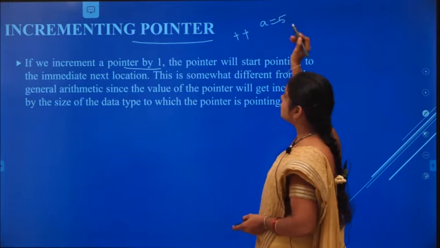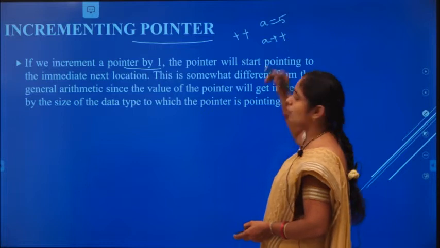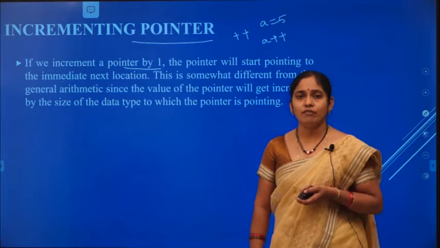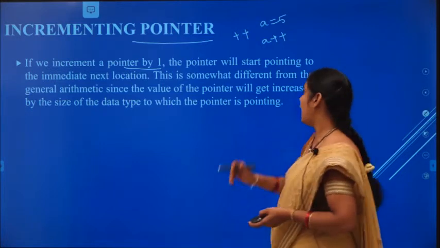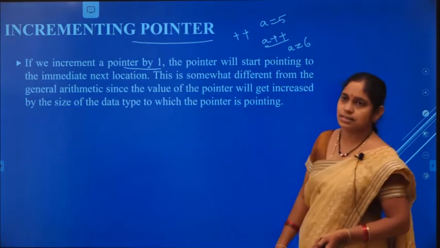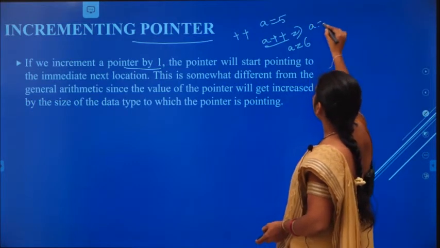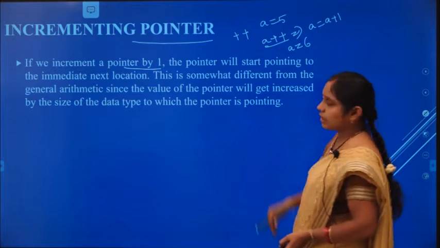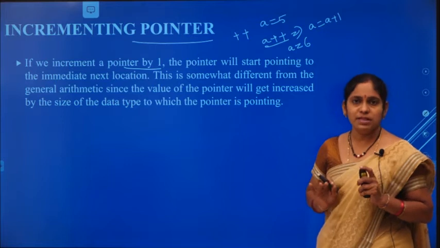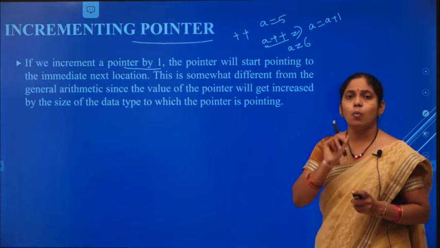Assume the value of A is 5 and I perform an increment operation on A. Then the value of A will be incremented by 1 and it becomes 6, which equals A = A + 1. So an increment operation in general increments the value by 1.